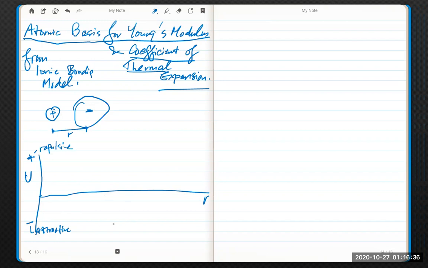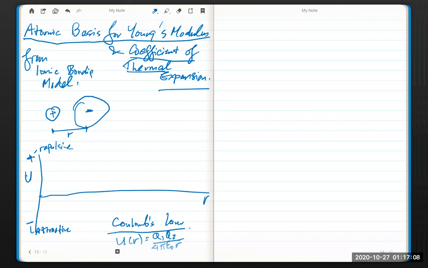The first component is attractive, and you'll be familiar with a form of this law. It's called Coulomb's law. Coulomb's law says that the Coulombic energy as a function of R is equal to some constant, actually Q1, charge 1, times charge 2, divided by 4 pi times the permittivity constant of vacuum times R. And then R is to the power of 1 for ionic, right?